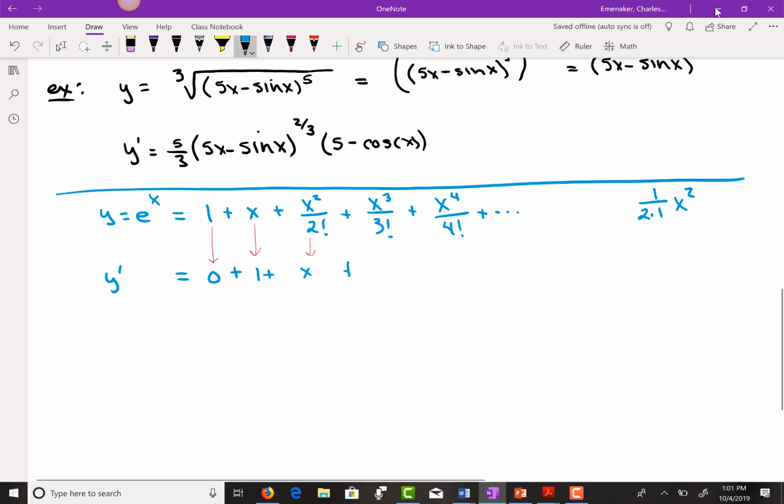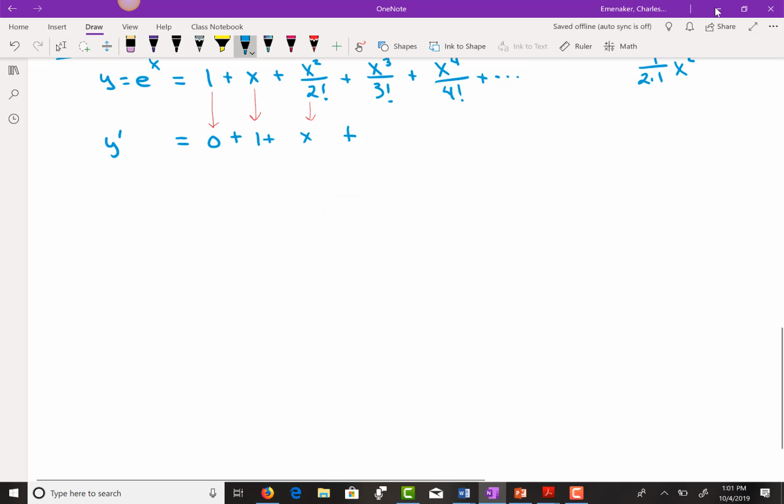Plus, going to the next term, this 1 over 3 factorial is 1 over 3 times 2 times 1, with an x cubed. When you take the derivative, the exponent, the 3, comes over and multiplies times the 1 over 3 times 2 times 1, and you'll have a 3 in the numerator. The exponent becomes a 2. The 3's cancel. This can be rewritten as x squared over 2 times 1, which is 2 factorial.